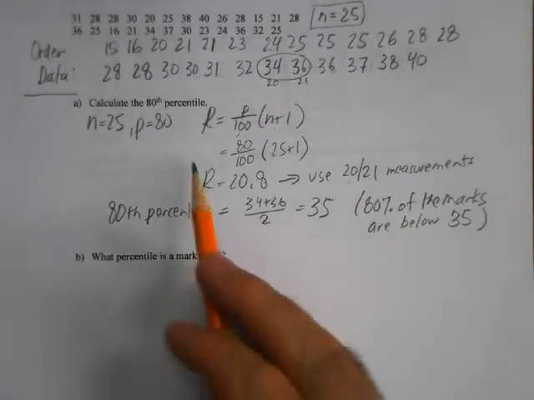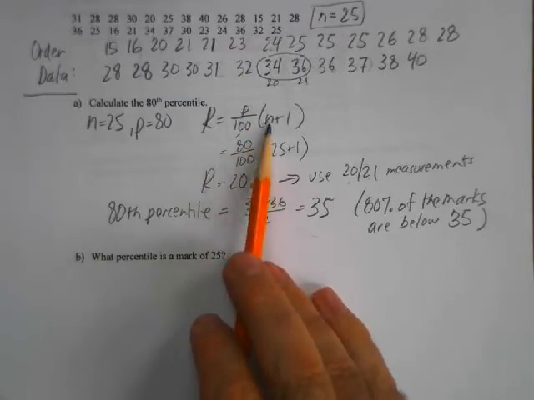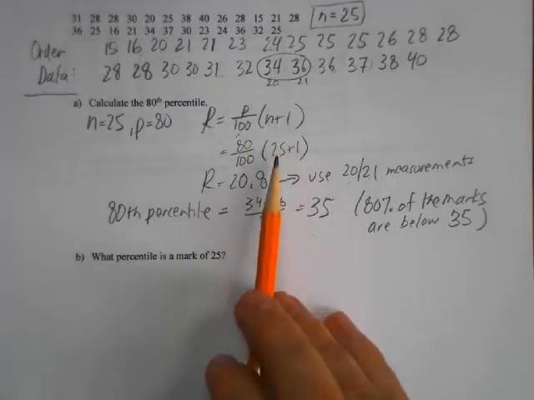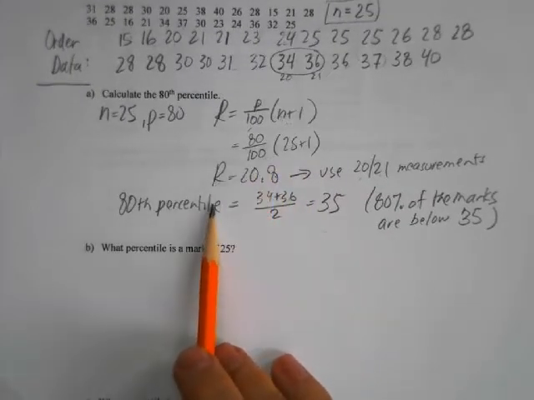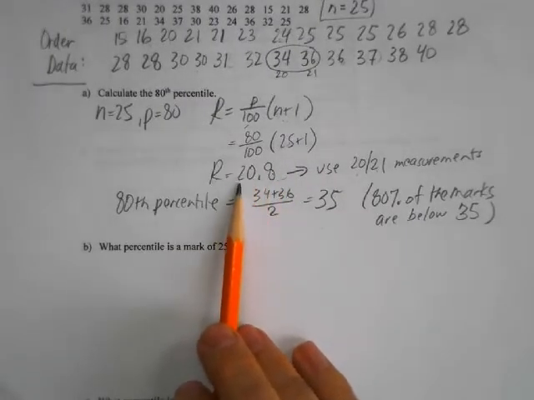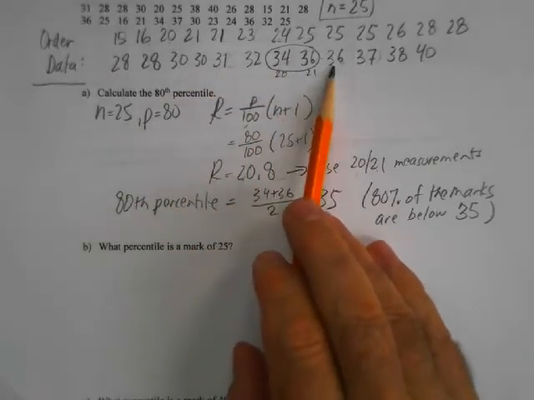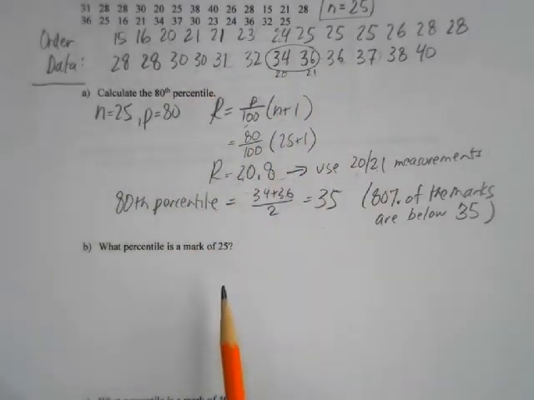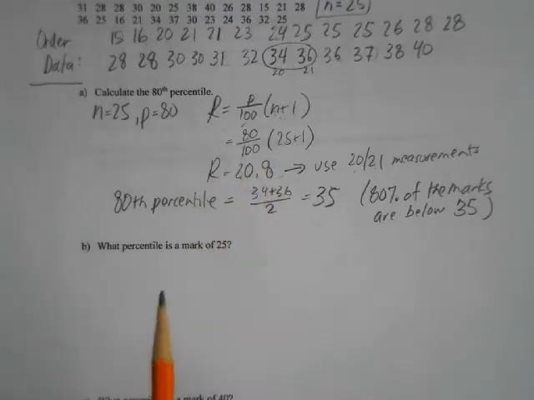I'm not going to do another example of that, but you're basically plugging your percentile here, your N here. Now, say you end up getting an exact integer here, say you got 22. You just go find the 22nd position and use that mark by itself. You don't have to do averaging if you have an integer value for R.